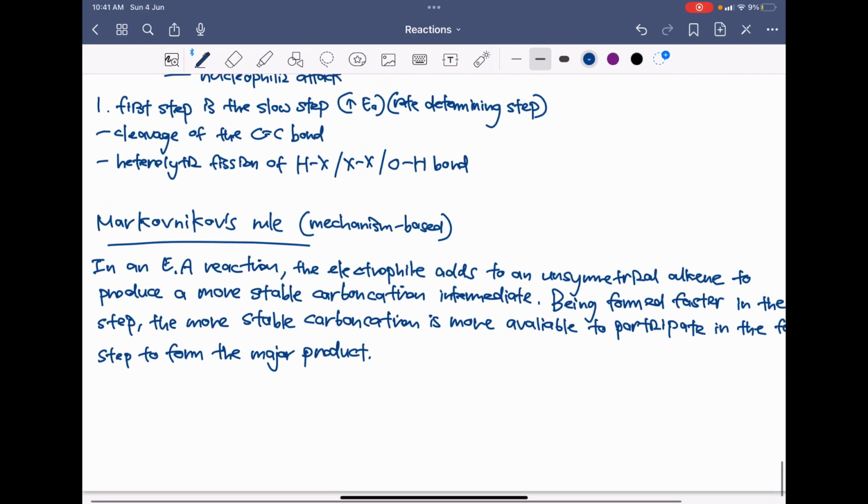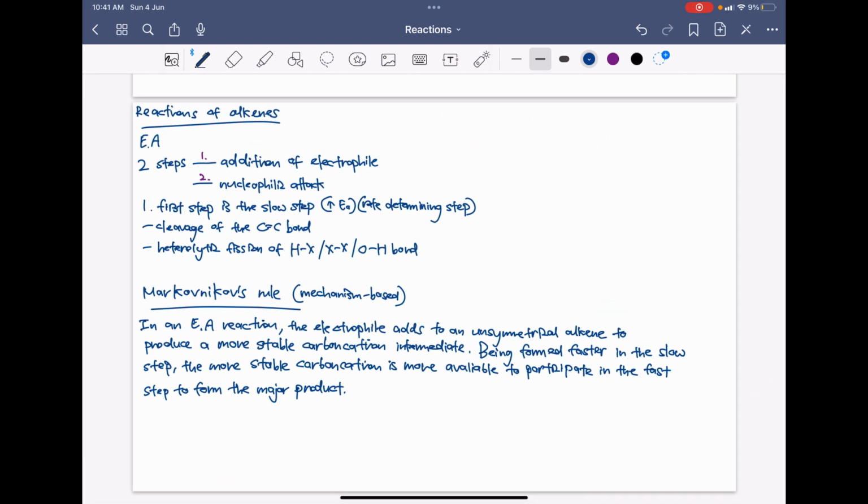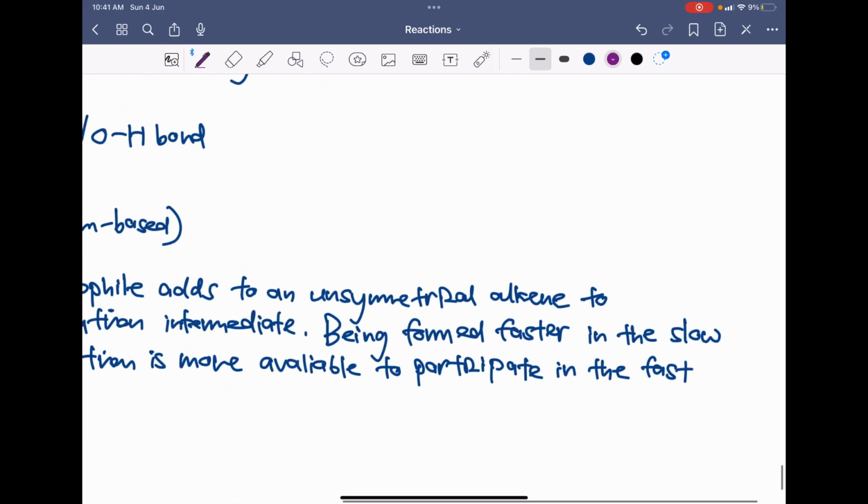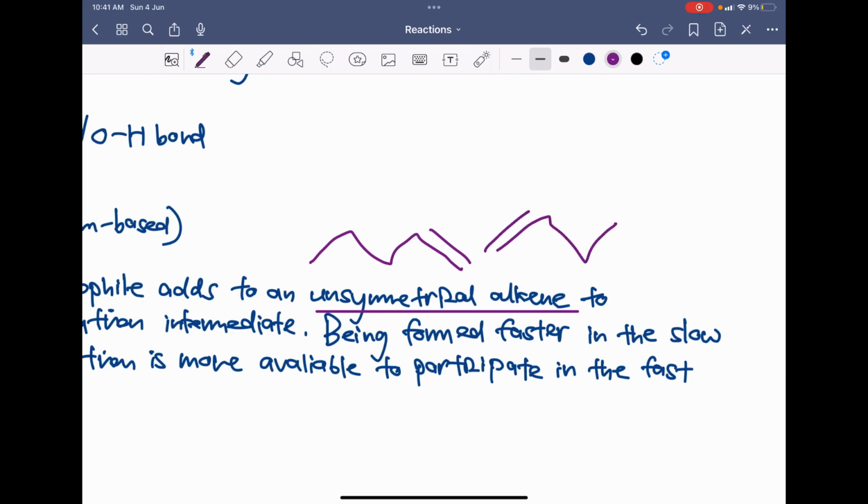Now, this is a handful. I have to admit, it is a handful, and at this point you might be very confused, and I can't fault you. It is very confusing. So let's break this down a bit. Unsymmetrical alkene. In this case, we are talking about alkenes that are unsymmetrical.